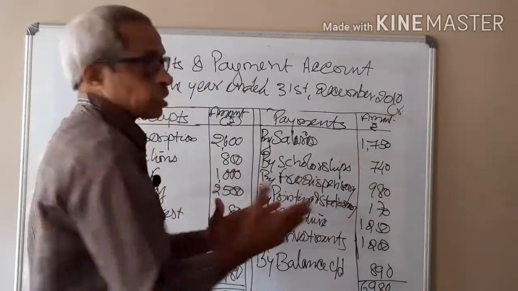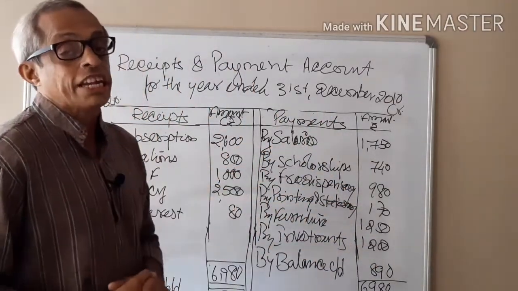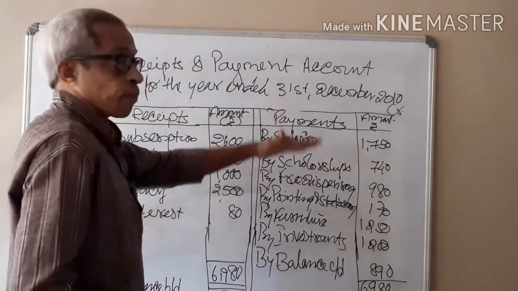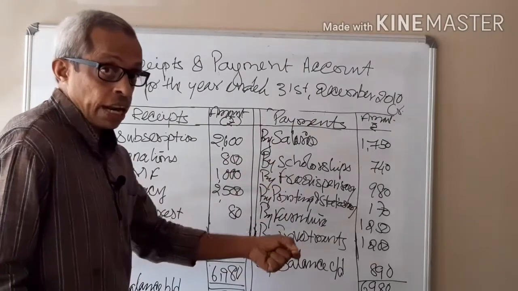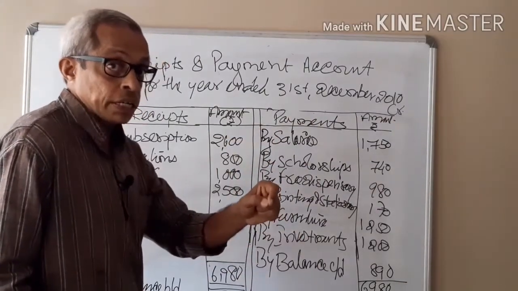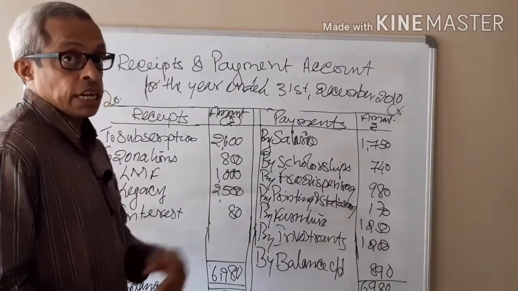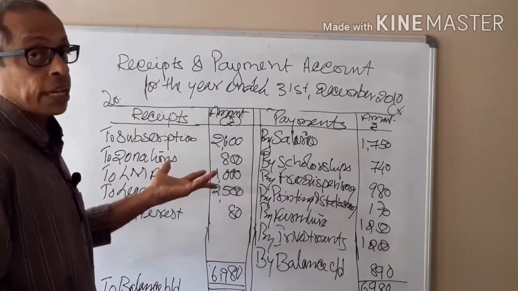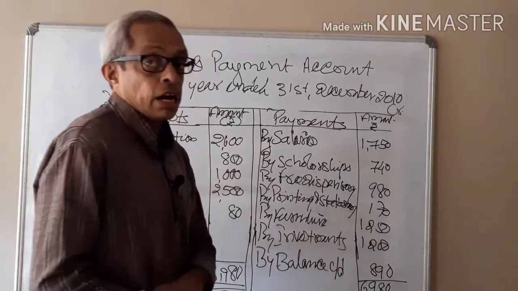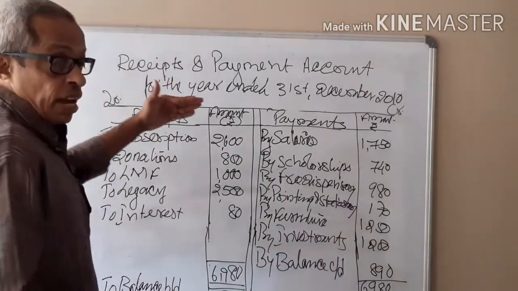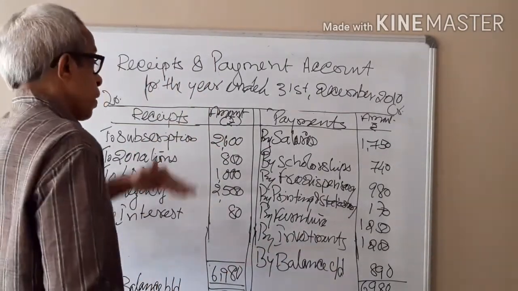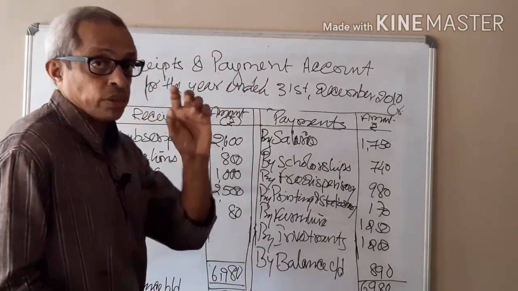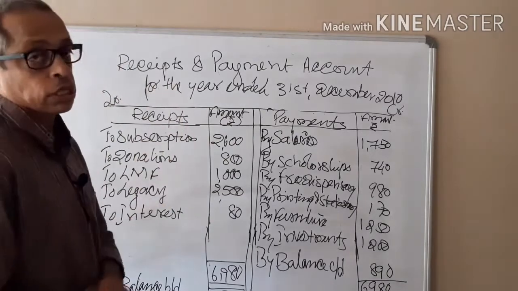Now the next step is, we have to prepare income and expenditure account. So this is the method of finding out cash balance either on the opening date or on the closing date. Here we are not given the opening cash balance or closing cash balance, but we are given certain account balances. From the available account balances, we prepare receipts and payments account for the year ending 31st December 2010.